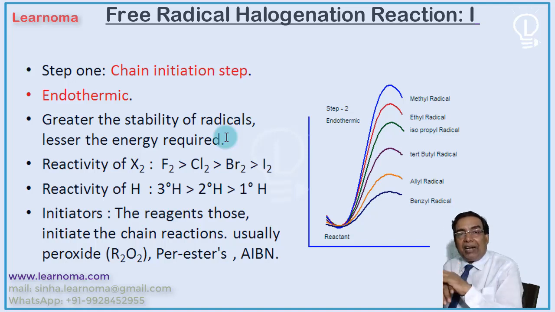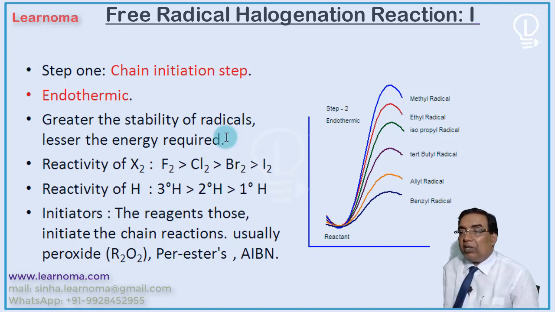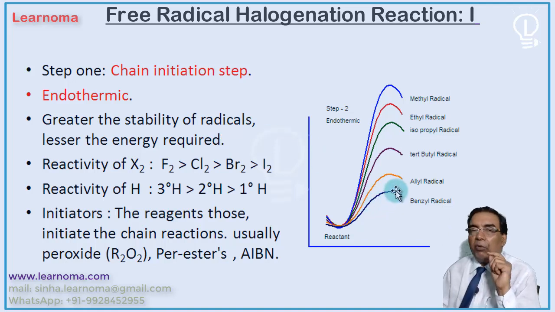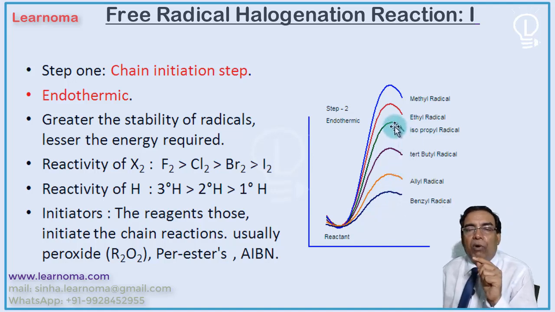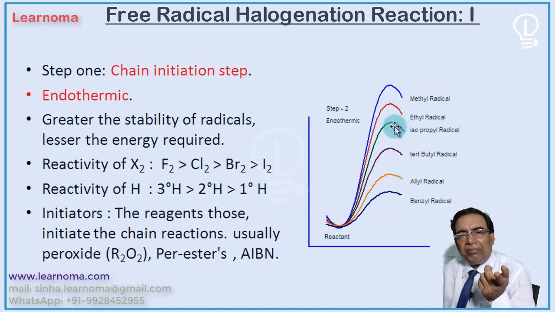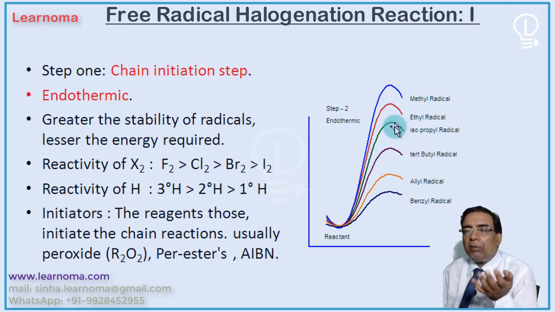Then it is expected that 3 degree radicals require lesser energy. Therefore, such radicals are formed very easily, and will form the product very easily. It means the product will have a predominance of substitution chloride at 3 degree position than at 2 degree and than at 1 degree. That is the logic.